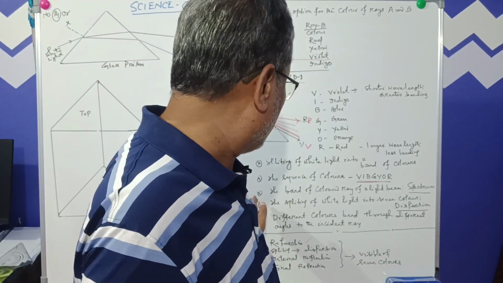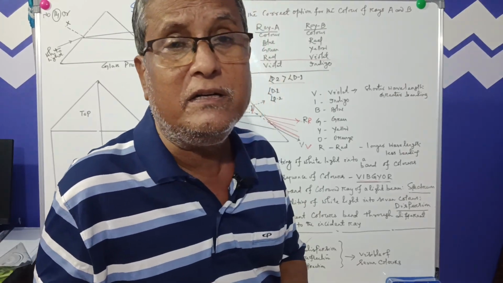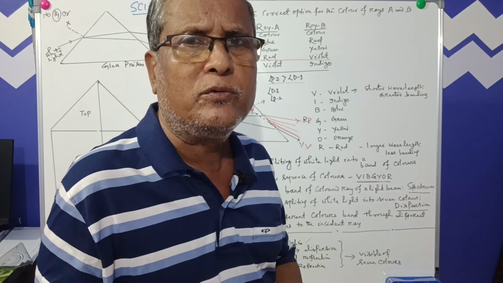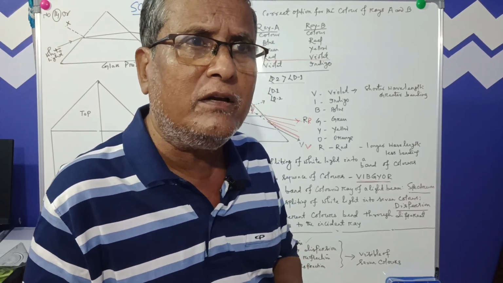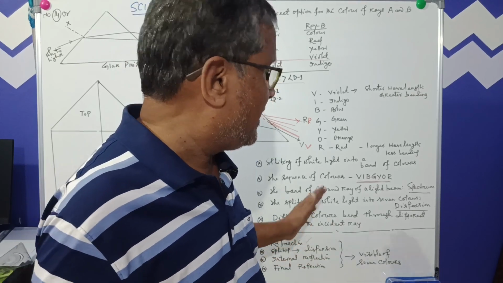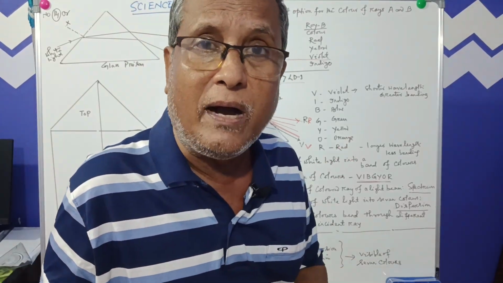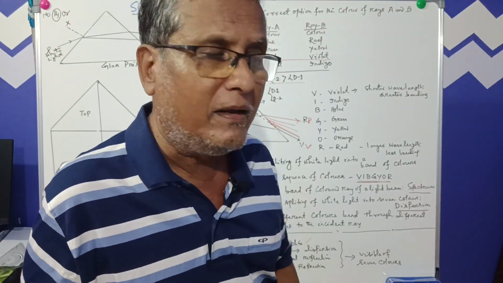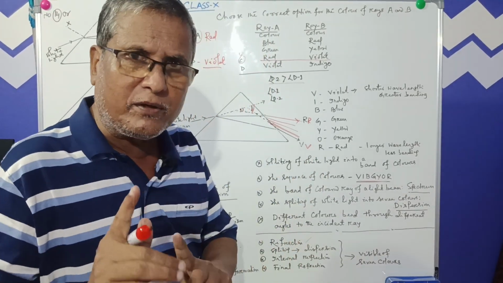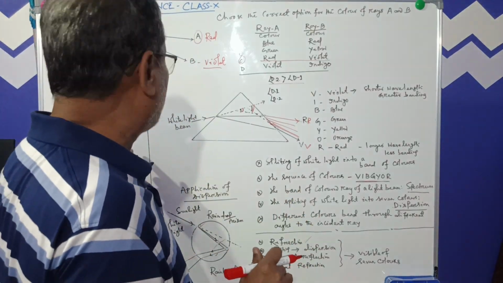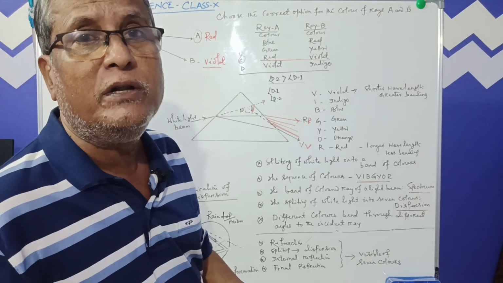After your concept is clear with regard to the NCERT textbooks, then you may refer to any other commercial or reference books. That is up to you. But at first, you have to go through the NCERT books in detail. For that reason, some students fail to define a prism. They couldn't define it.